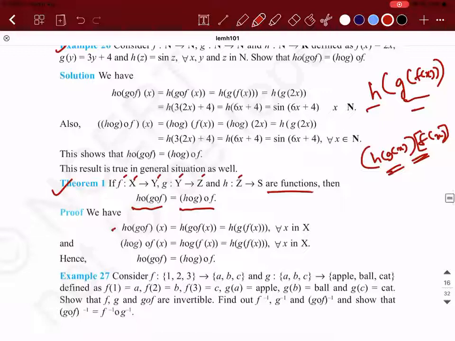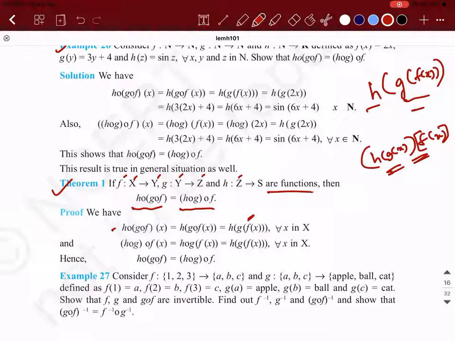So what is h circle g circle f? This is going to be the expression h of g of f of x for all values of x. Where do they come from?